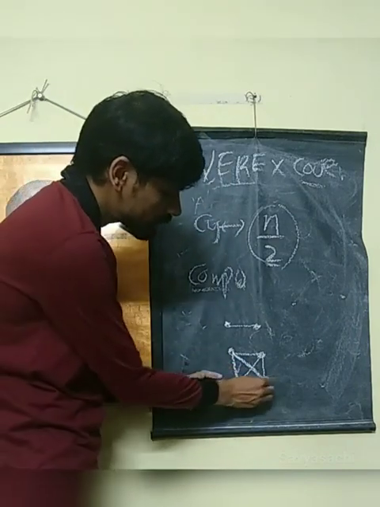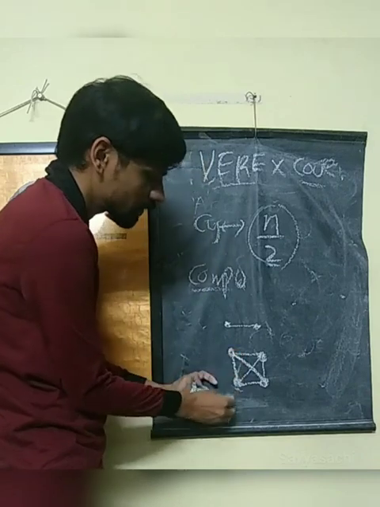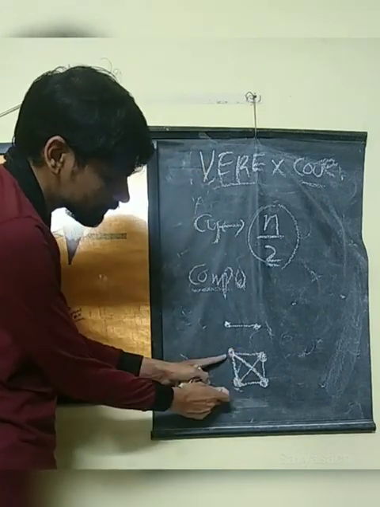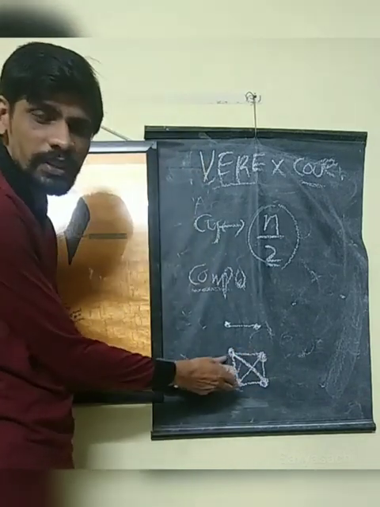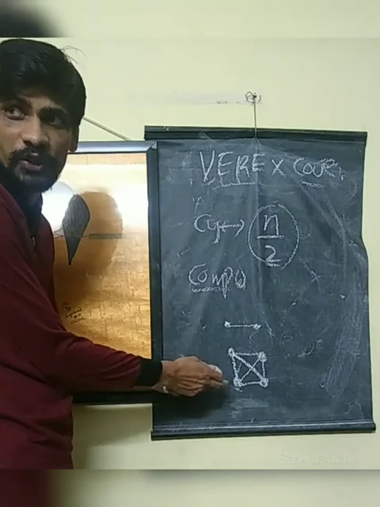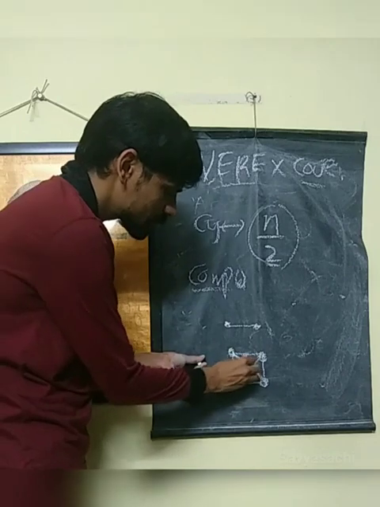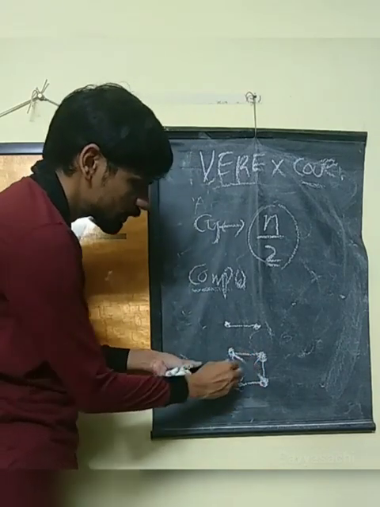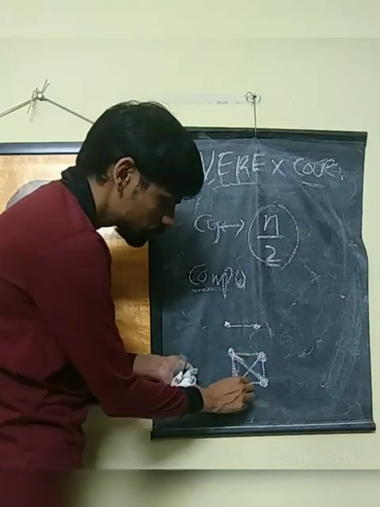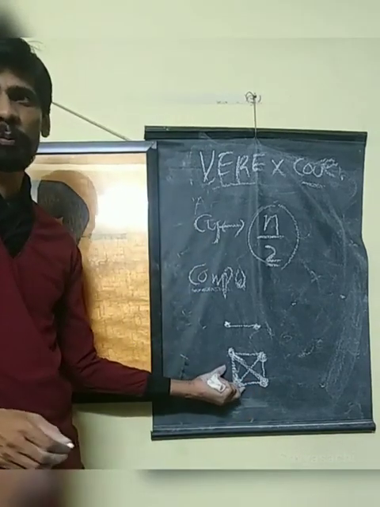So now this is called a complete graph because every vertex is connected to every other. Previously we didn't have these connections; once we establish them, this became a complete graph.